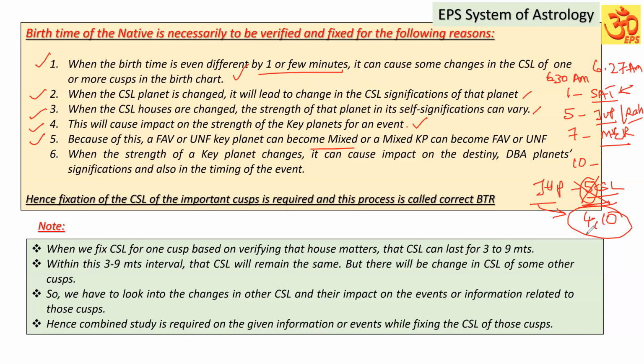Right now, suppose a fourth cuspal sublord planet or unfavorable cuspal sublord planet, by adjusting the birth time, can get some favorable houses in CSL. That can make that planet, if it is a mixed planet, because of the change in the cuspal sublord, become favorable also or more unfavorable also.